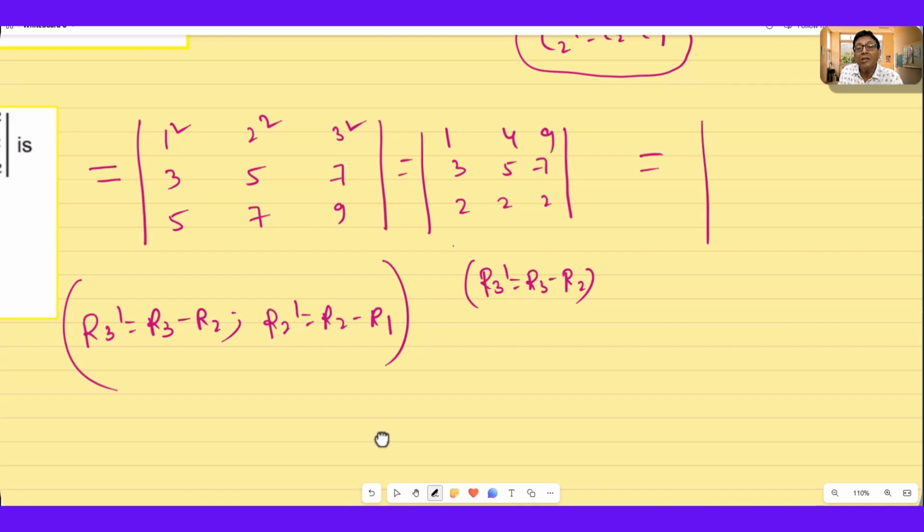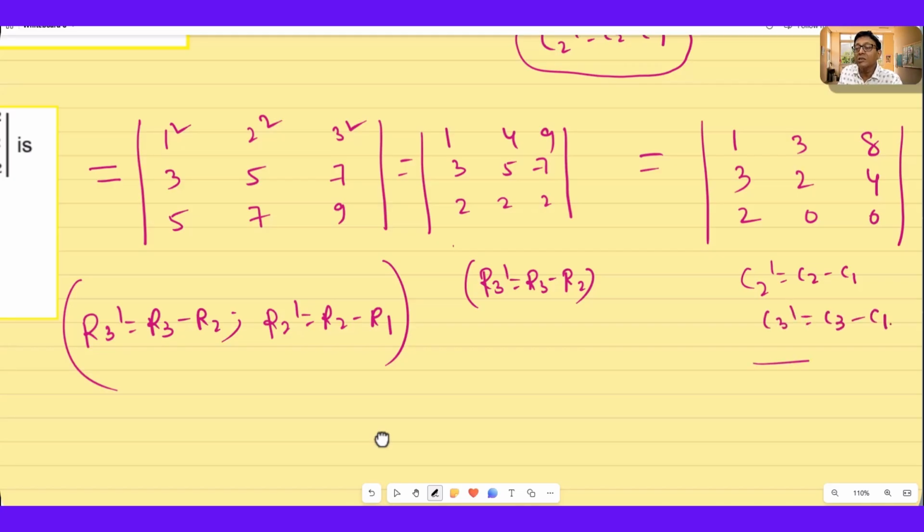So what I will do here, 1, 3, 2 will remain the same. We will subtract this from this and this. That is 3, 2, 0 and 8, 4, 0. Clear? So what I did there, I have used C2 dash equal to C2 minus C1, C3 dash is also C3 minus C1. You could have asked me, why not C3 minus C2?